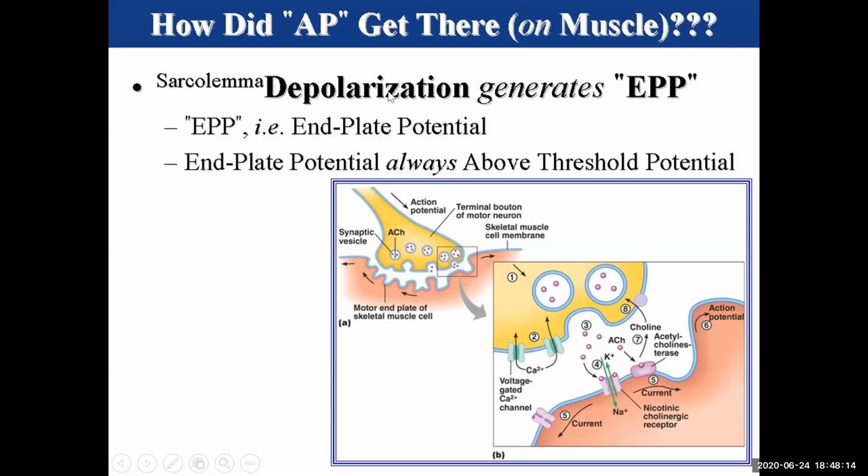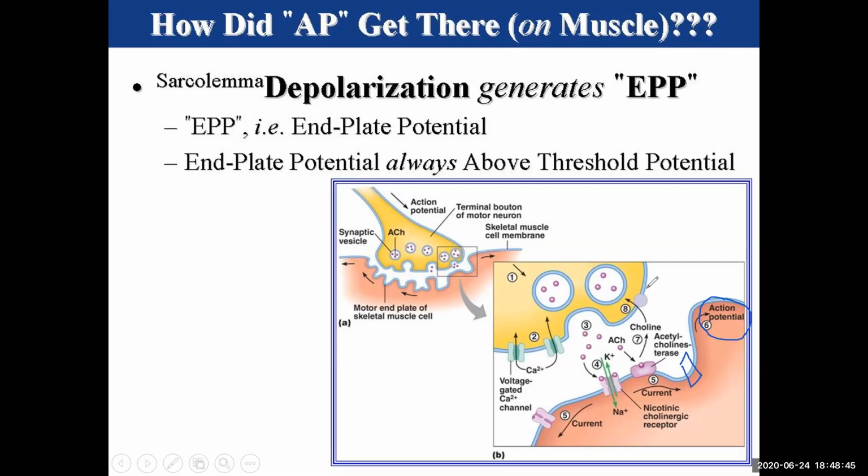So the sarcolemma depolarization generates EPP, end plate potential. End plate potential is always above threshold potential. So the skeletal muscle will always be able to generate that action potential, because on the sarcolemma of the muscle, for it to be able to generate action potential, it must have voltage sensitive sodium channels.